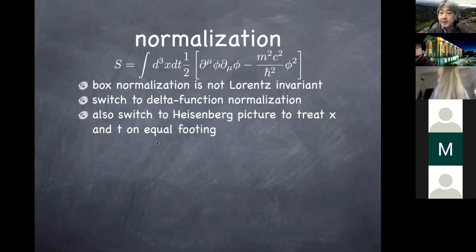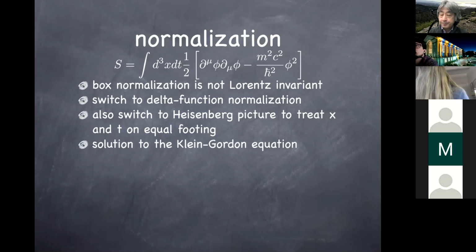That's actually not a very sensible thing to do in a theory with relativity. Instead, we can go to the Heisenberg picture, where states don't evolve with time, but operators do. Then phi is an operator which already depends on x because it's a field operator, but also depends on t. It evolves in time. Now we have the field operator that depends on both x and t.